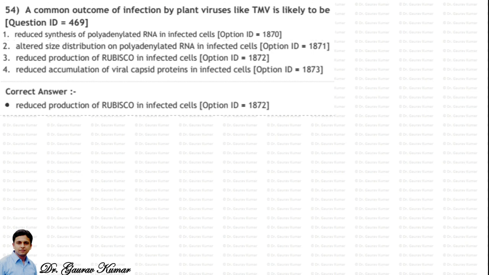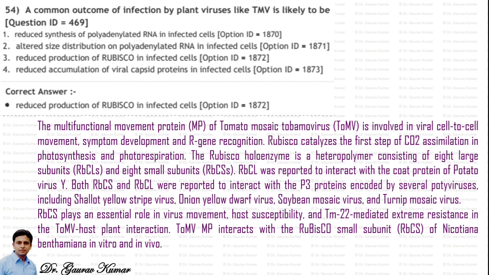Let's read a little bit on it. The multifunctional movement protein of tobacco mosaic virus, in short tobamovirus, is involved in viral cell-to-cell movement. We know that all these viruses have a movement protein encoded by their genome. This protein interacts with various proteins of the plasmodesmata so that the virus can easily be transferred from one cell to another.